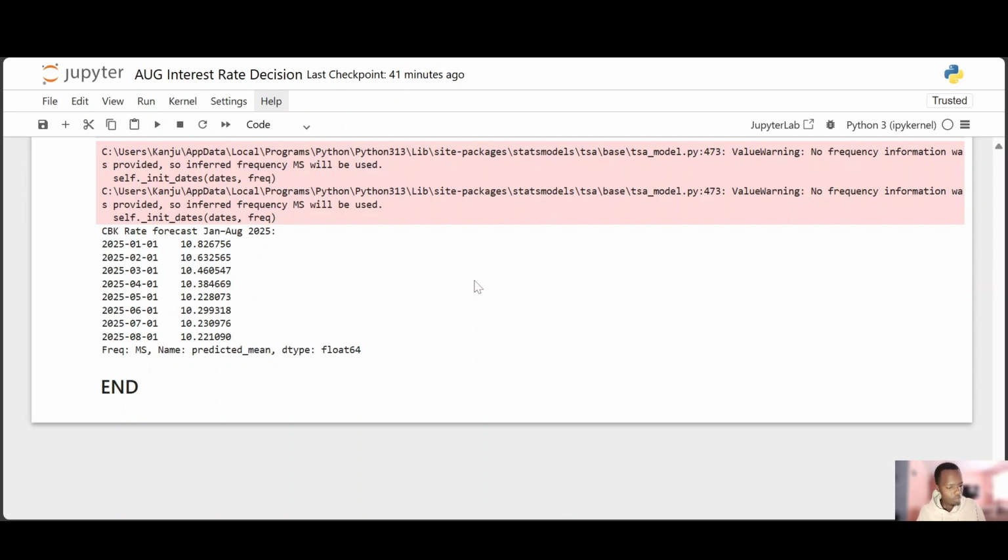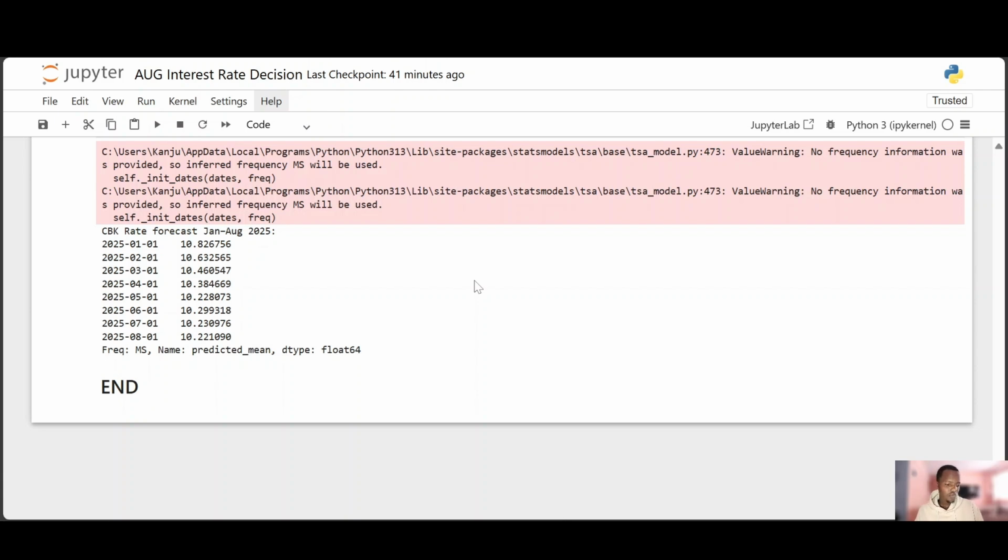So the trend has been that the decision was made in December 2024, then February, then April, then June, and now it's going to be made in August.